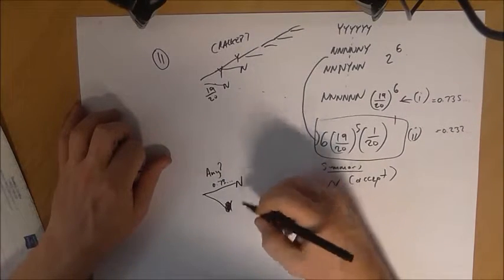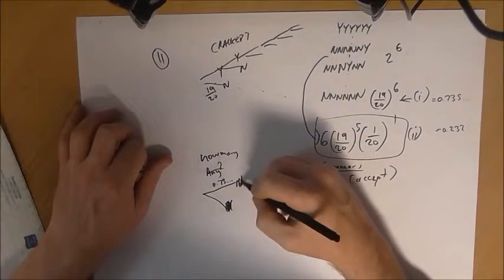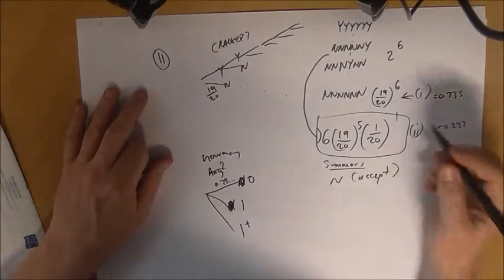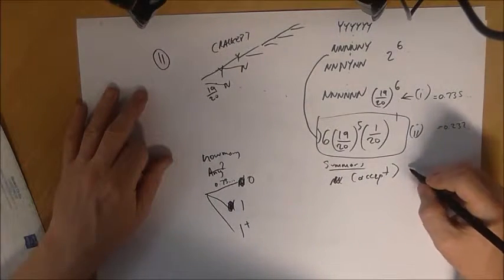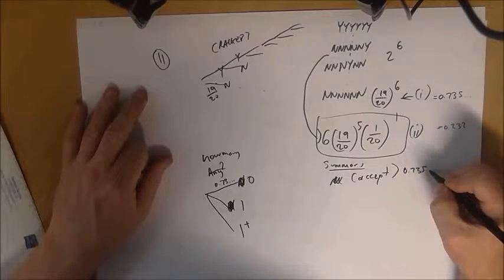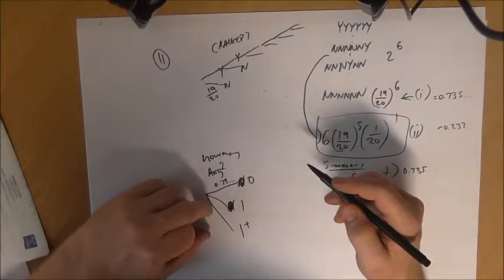So I'm going to change this to how many. 3 cases. There's 0, there's 1, or there's more than 1. The 0 case, we've already got that. That's 0.735. Just this probability. Because there's nothing over here to multiply it by.